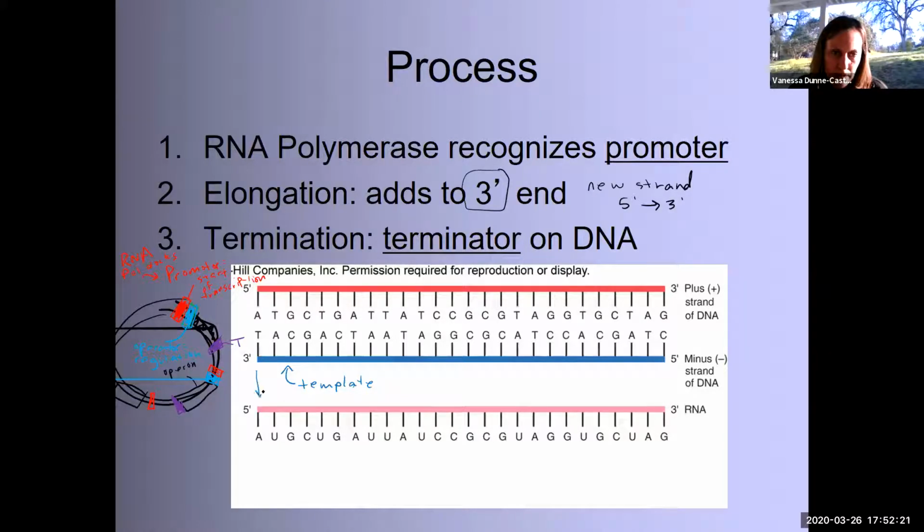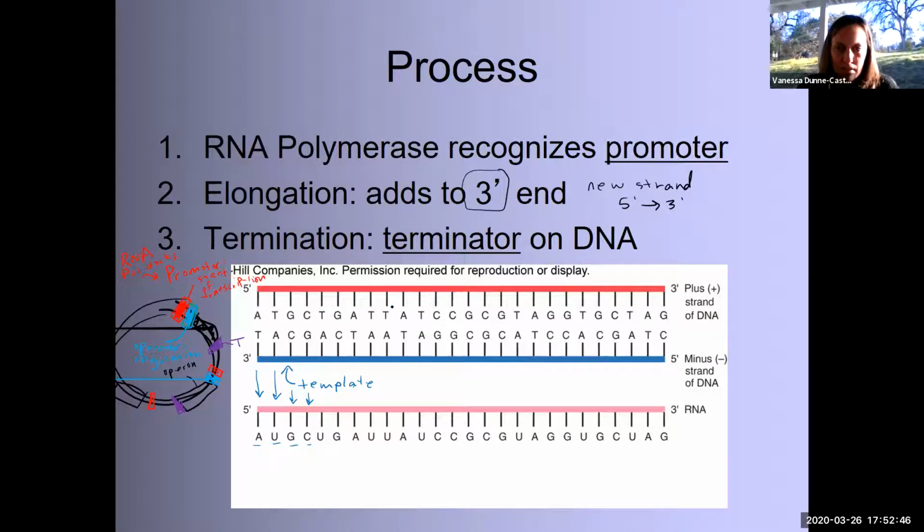Adenines are complementary to thymines. For adenine here, the complement in RNA would be uracil. For the cytosine, the complement is guanine. For this guanine, the complement is cytosine, right? And you would continue reading essentially all the way down, reading this template and then transcribing it into this mRNA transcript.